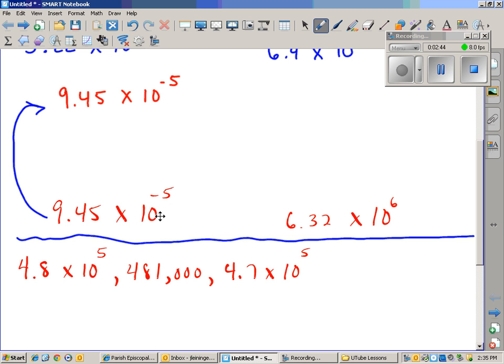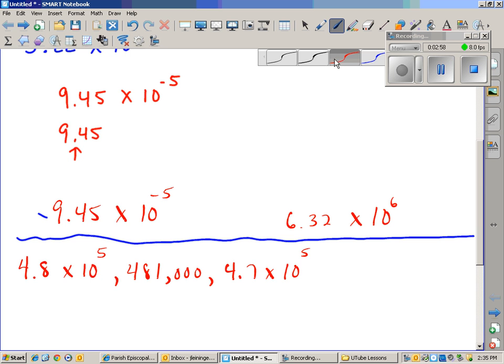In order to turn them into standard form, I find the decimal point in 9.45. There he is. I'll erase this arrow because I'm going to move the decimal point. Now I'm going to move it to the left to make him smaller because of this negative exponent. I need to move it 5 places.